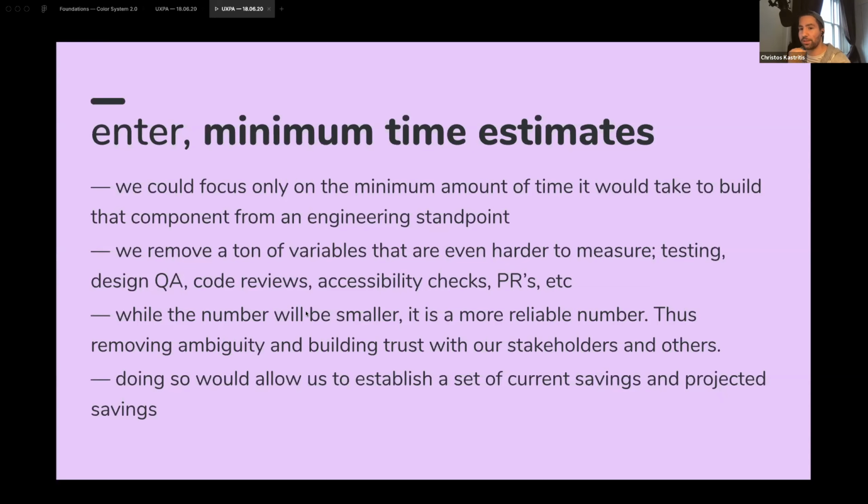We're just focusing on how quick we can build this thing. And while that number will be smaller, it's a more reliable number, right? We're removing a lot of ambiguity, and we're slowly building trust with our stakeholders and other parts of the business. And so, again, we can now get a set of current savings and maybe even projected savings.